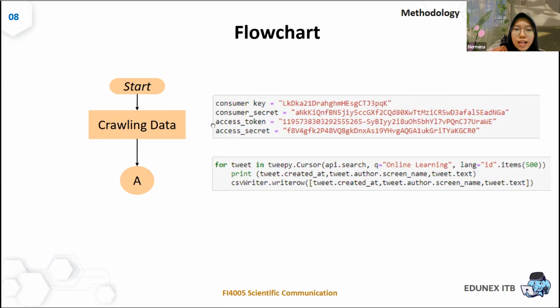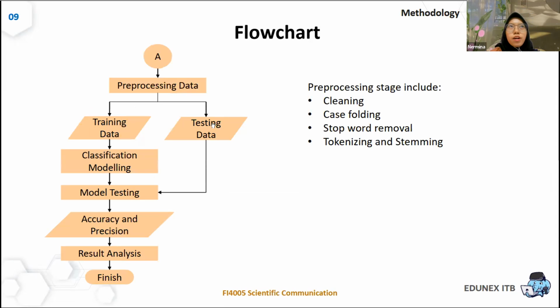And the next, after crawling and labeling, we enter into pre-processing data that includes cleaning, case folding, stop word removal, tokenizing, and stemming. The next step is testing the model. After modeling, the accuracy and precision values will be obtained. From that value, the analysis and research are complete.